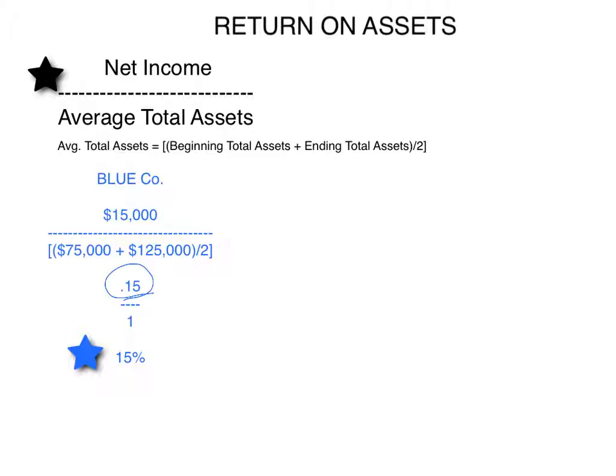If we take our 0.15 answer for Blue Company and put it divided by 1 down here, we could also say that for every $1 of average total assets Blue Company has, they earn 15 cents of net income.